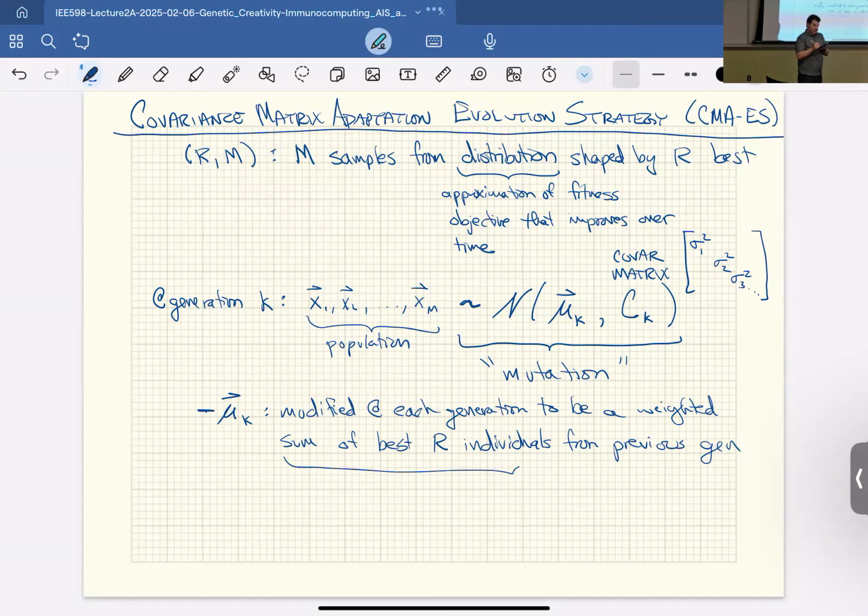And this basically is sex. This is recombination.